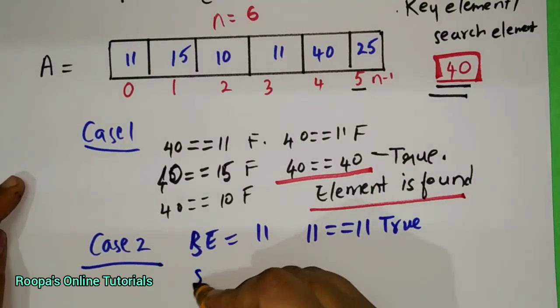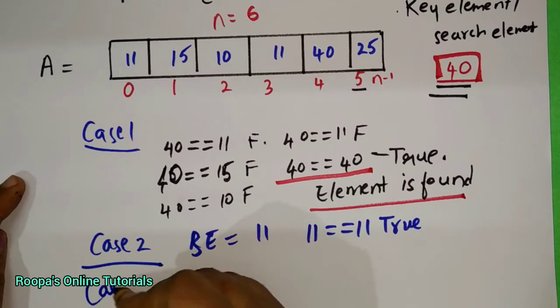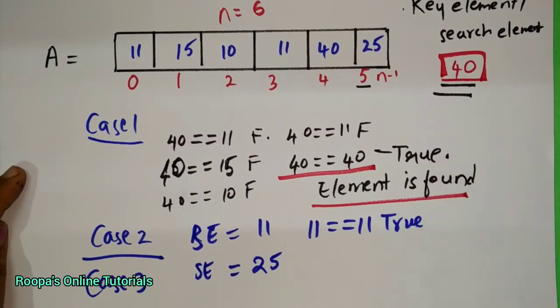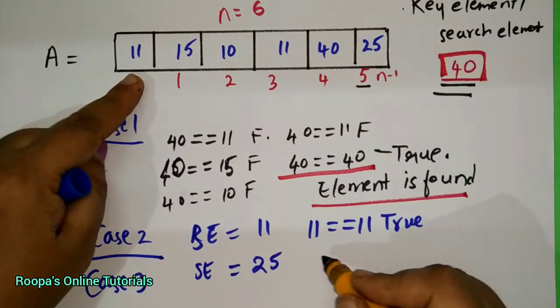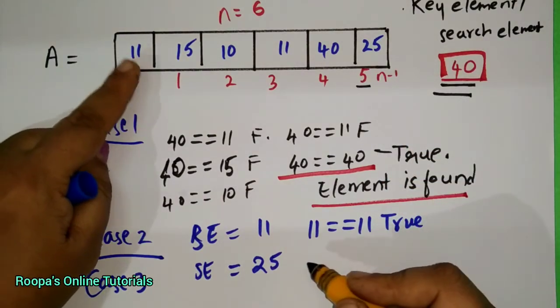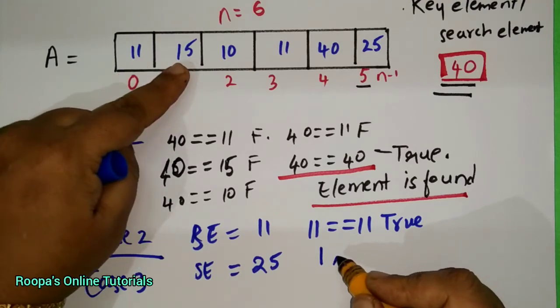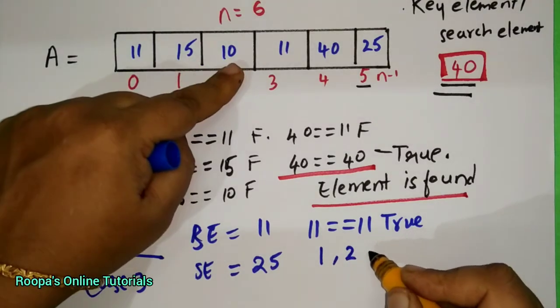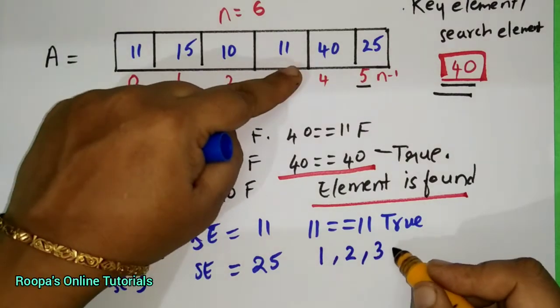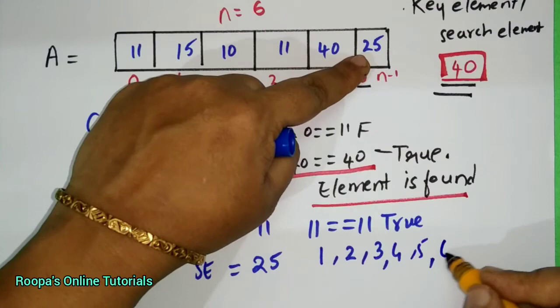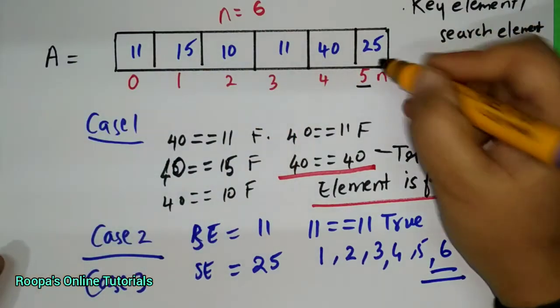Now let us say the case 3, my search element is 25. So if it is 25, what happens here? This 25 has to be compared with 11, one search. Again 25 will be compared with 15, two search, with 10, third search, then fourth search, fifth search, and then on the sixth search only you are able to get this value.